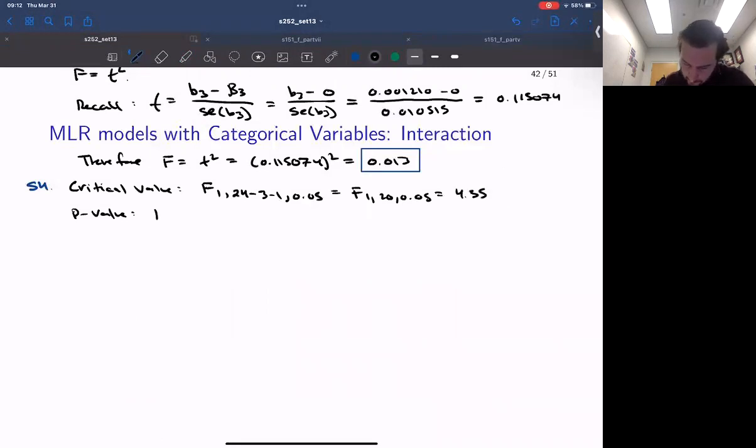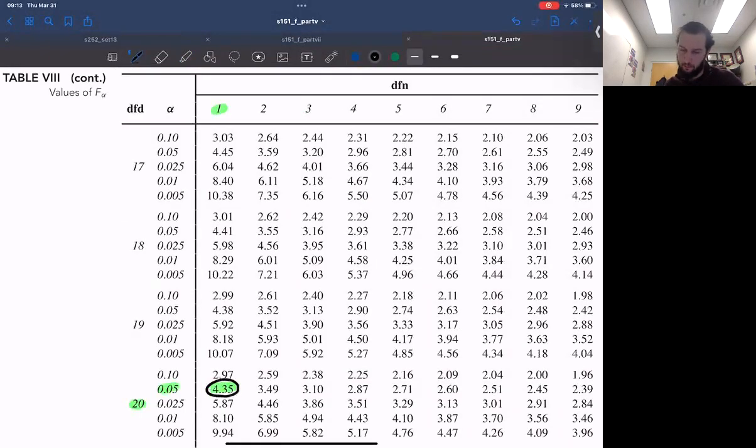And then the p-value. So given that our test statistic is 0.013, we can show that the F value is less than the smallest value.